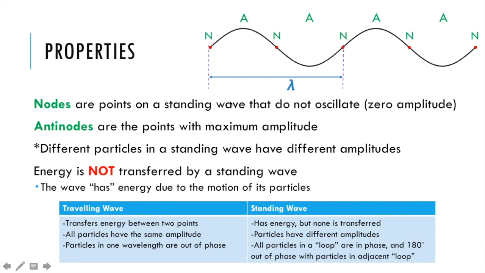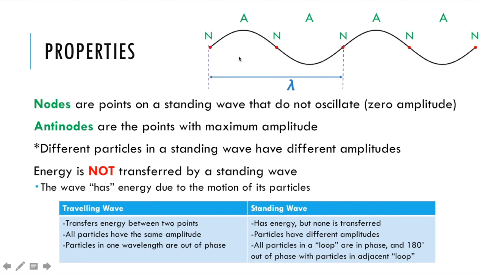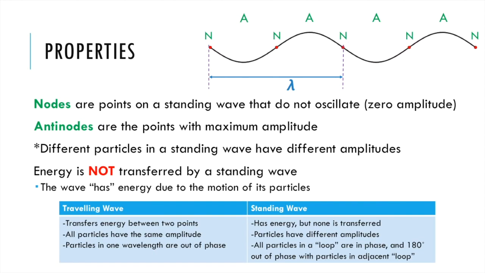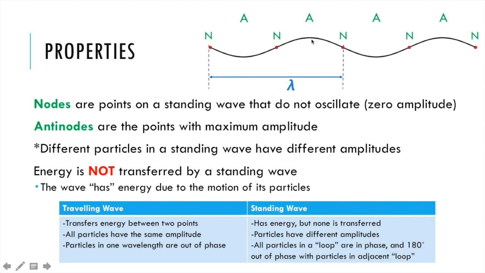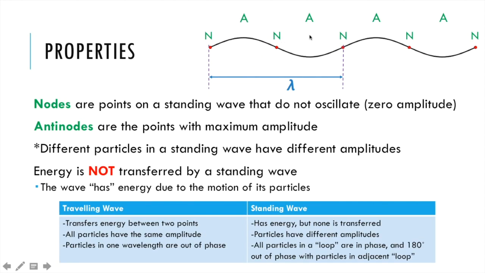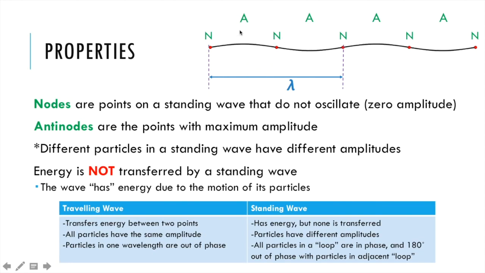Again, that's not the same for a traveling wave where adjacent particles are a little bit out of phase. In a standing wave, the particles are either totally in phase or totally out of phase. For example, these particles at this antinode are completely out of phase with these particles. While one moves up, the other moves down, and vice versa.